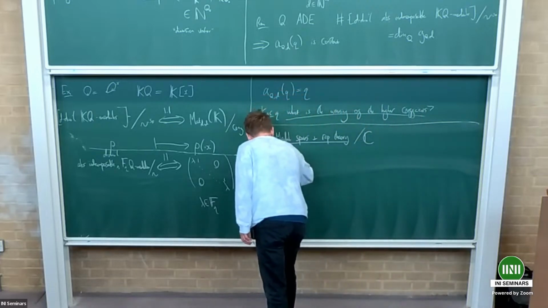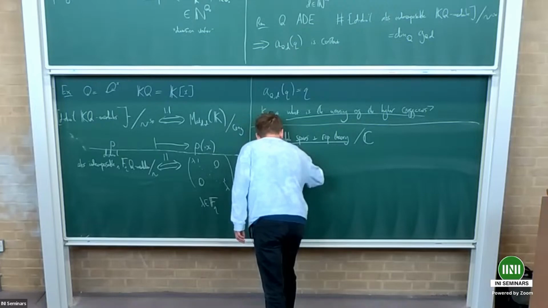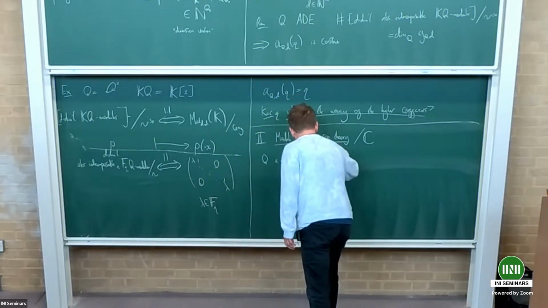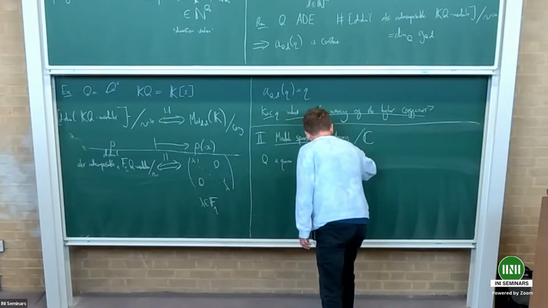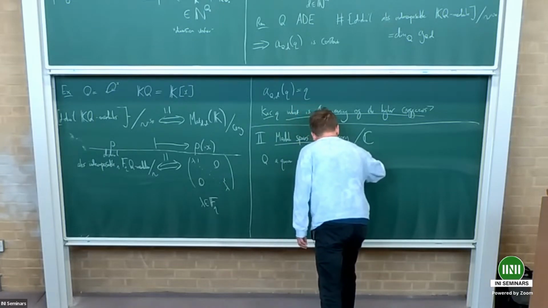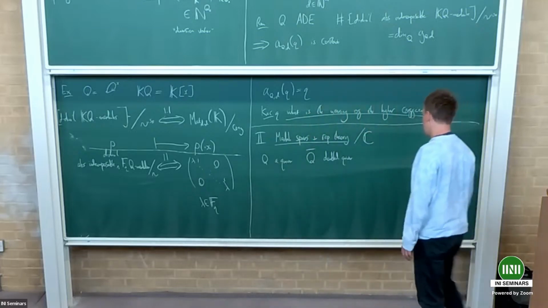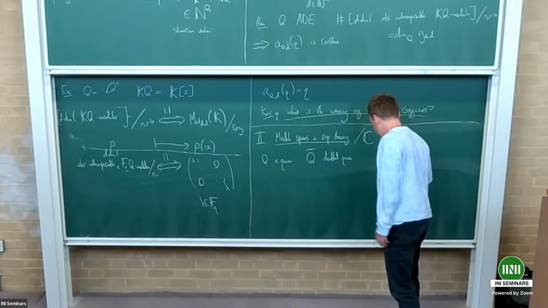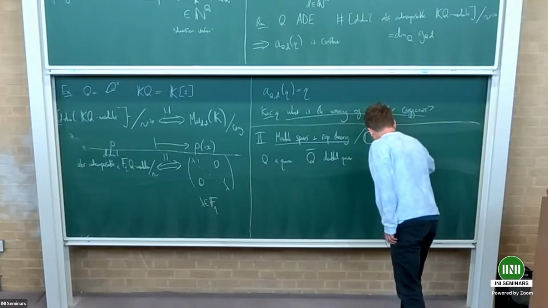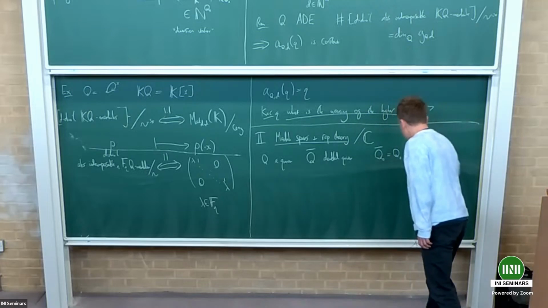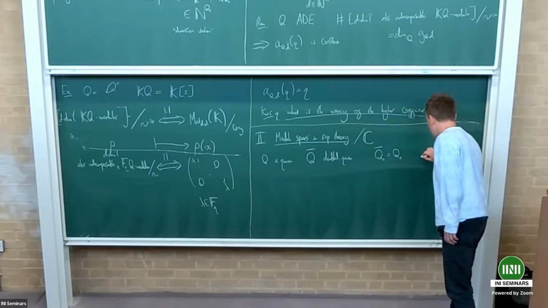So Q is, again, a quiver. I denote by Q bar the double quiver. So recall, I have to give you a bunch of vertices and arrows. So let me start maybe with the vertices. The vertices of the doubled quiver are identified with the vertices of the original quiver.